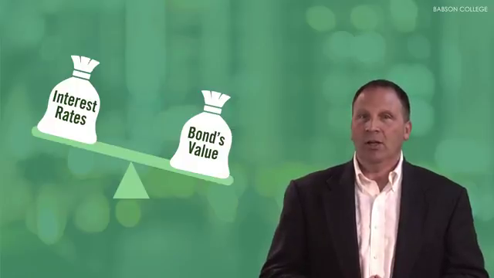In conclusion, a bond's value is the present value of the future cash flow stream discounted at the prevailing market rate of interest. And a bond's value is inversely related to a change in interest rates. An increase in interest rates will cause a bond's price to fall, and a decline in rates will cause a bond's price to rise. And now we know why.